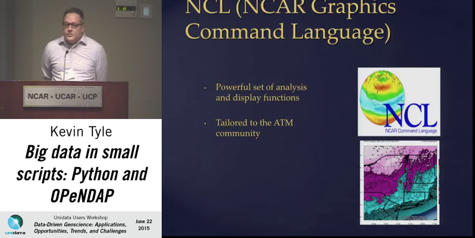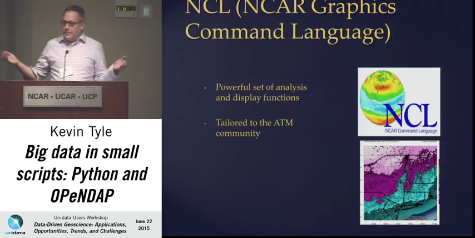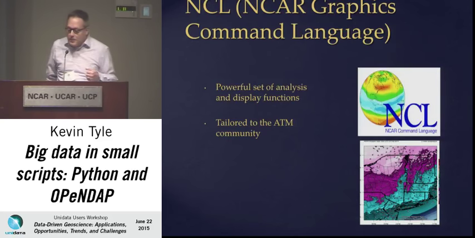And one of the things that we'll talk about is that really what we're talking about in terms of accessing data using OPeNDAP versus these traditional ways, this really isn't new. NCL, for example, you can download and you are presented with the option, do I want DAP capability, data access protocol, or not?